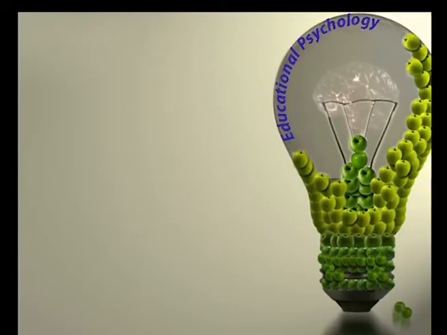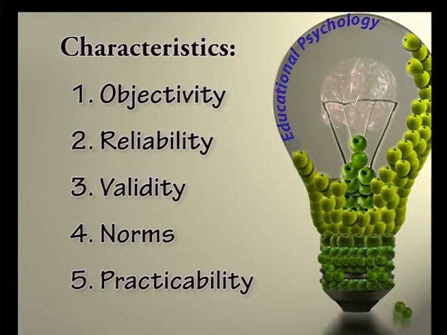These tests range from personality inventories to self-scored IQ tests, from scholastic examinations to perceptual tests. Yet despite this diversity, several features are common to all psychological tests and, taken together, serve to define the term test. A psychological test is a measurement instrument that has 5 defining characteristics: objectivity, reliability, validity, norms, and practicability.